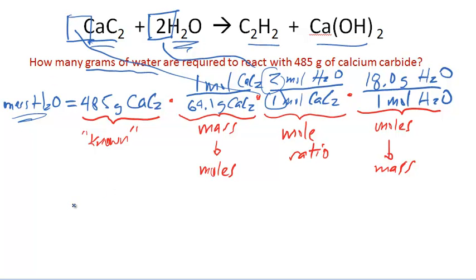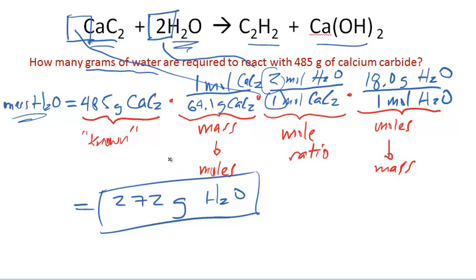All right, so I'm just trying to help provide you some anchors there. All right, and when you take 485 and divide by 64.1, then multiply by 2, and then multiply by 18, you should get 272 grams of water. Okay?